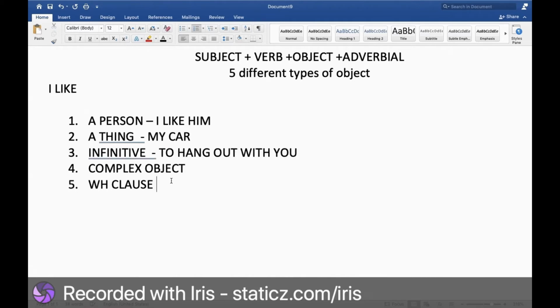And when it comes to the objects, we said that except for a person, the rest of the objects have the same question. Okay, the same question what? Wait, whatever you put on the gas stove, it's actually boiling. Yeah. So we also have the complex object, where the question is also what. So what I'm going to teach you today is complex object and WH clause.